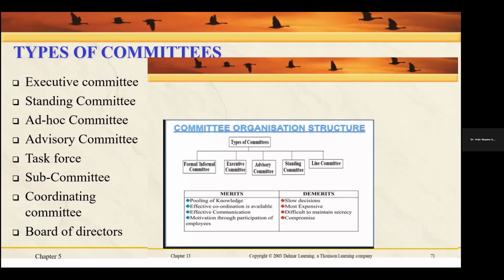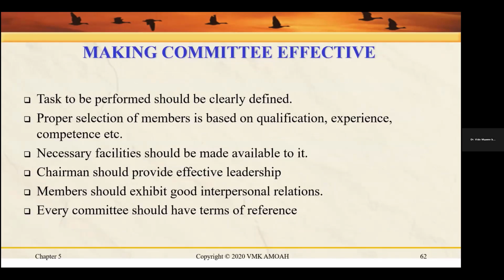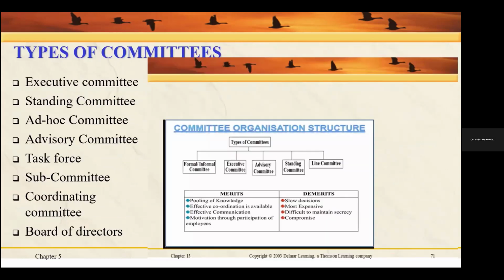So what is an executive committee? Who are they? The executive committee usually is composed of the best departmental or functional managers. We also have the standing committee.